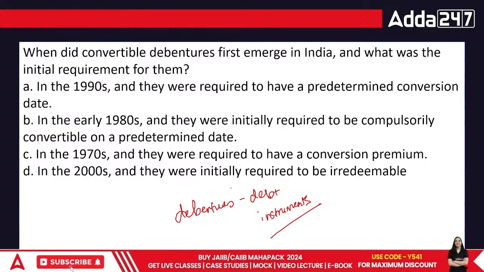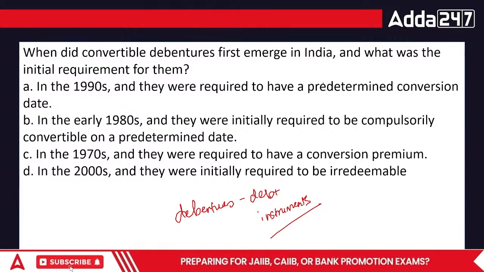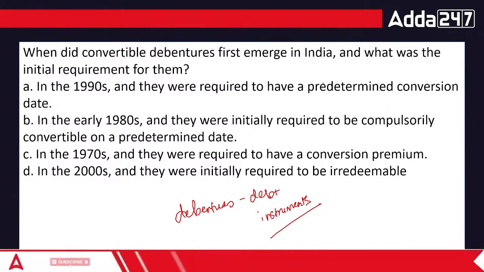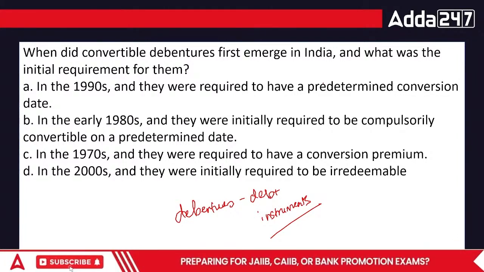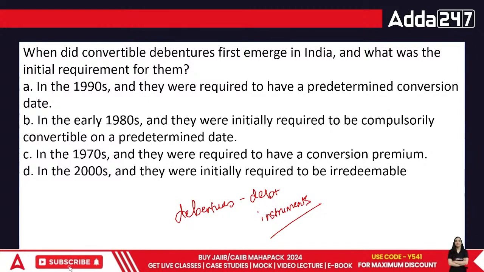Right? In 1990, they were required to have a predetermined conversion date. When we talk about debt, debt is basically the money that an organization arranges from people. They are not using their own money; they are using other people's money. And obviously, once they make money, this money is also returned to the people from whom it has been taken.